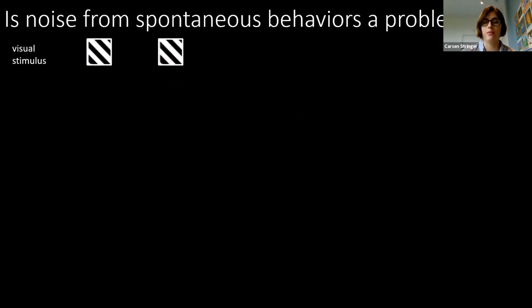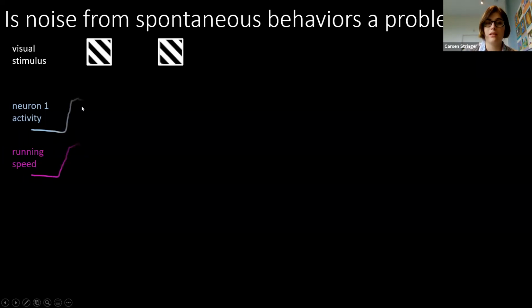I'll explain this with a toy example. We have two visual stimuli, the same visual stimulus presented twice, and we're going to look at the activity of a single neuron that's modulated by running. This neuron is driven by the behavior of the mouse, in this case the running speed. When the running speed goes up, this neuron's activity also goes up.